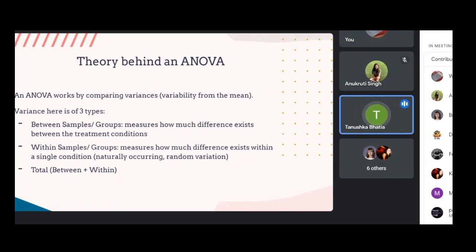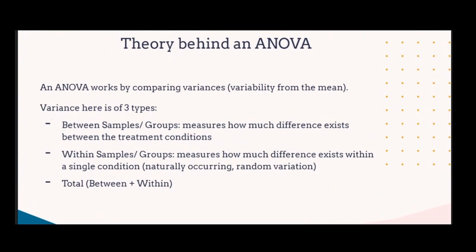Within samples, on the other hand, measures how much difference exists within the group itself. So as per sampling, we would have done a random sampling. We would have followed all sorts of rules of sampling and perhaps even matching people like they do in, let's say, clinical trials, everything to ensure that our one group remains as homogeneous as possible.